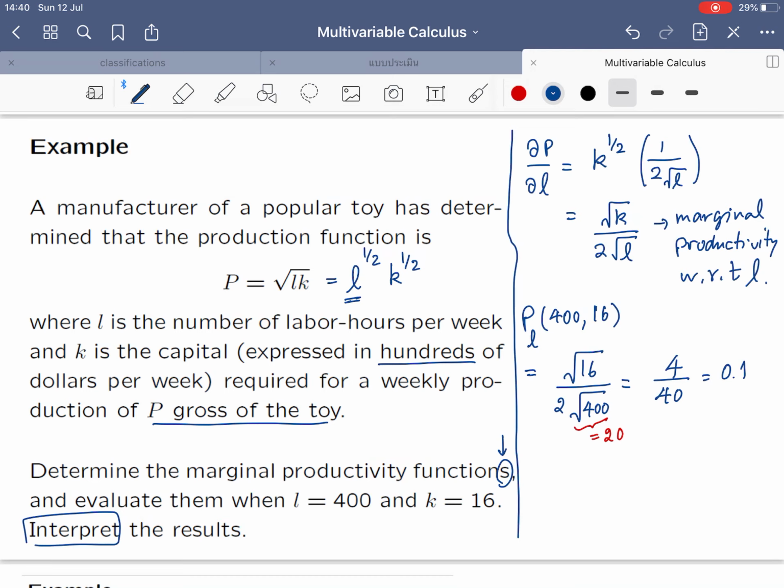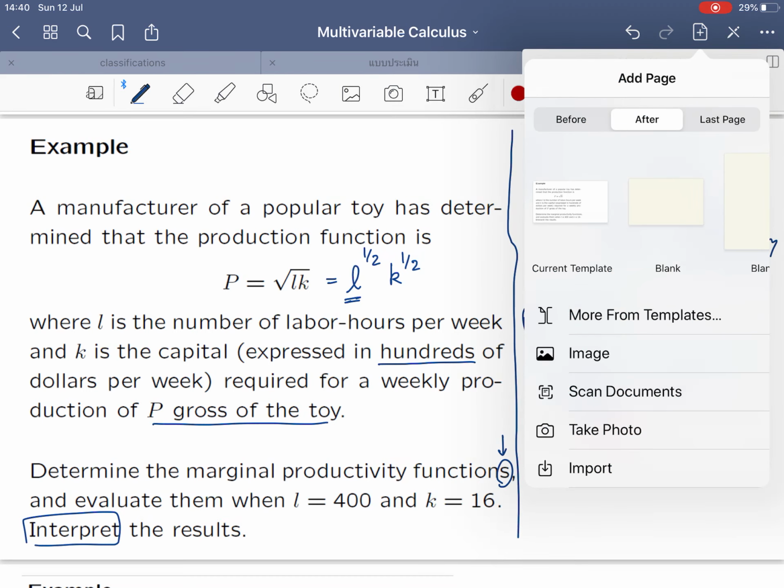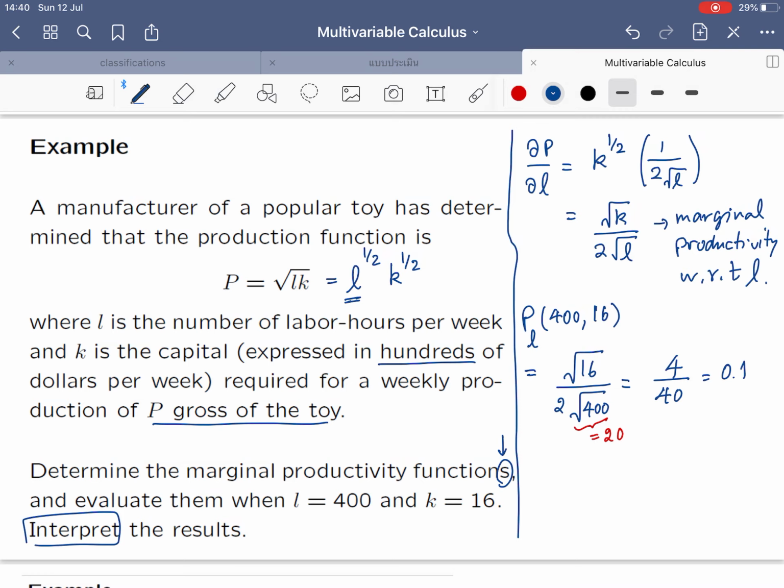So what is the interpretation? Maybe we can write it down right here.